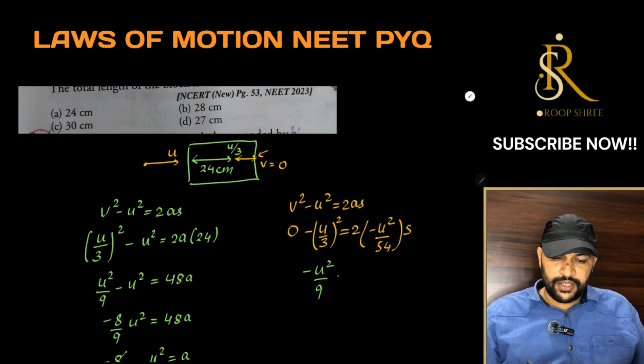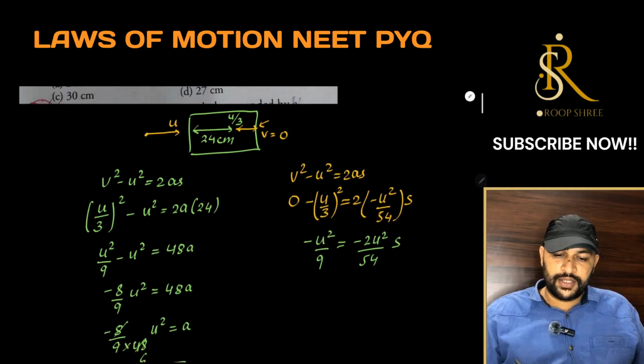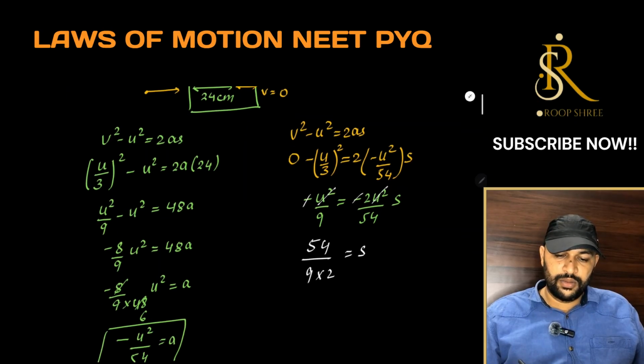So this will be minus u square by 9, and that will equal minus 2u square by 54 into distance s, correct? Let's cancel out u square on both sides. Minus gets cancelled with minus, and we are left with 54 divided by 9 into 2. That will be equal to s.